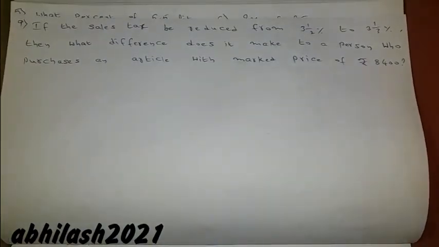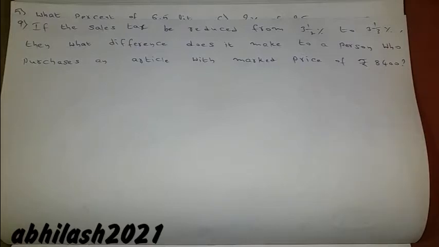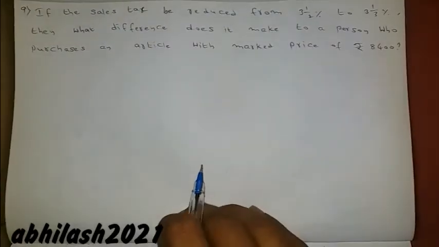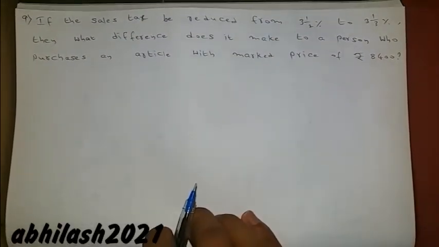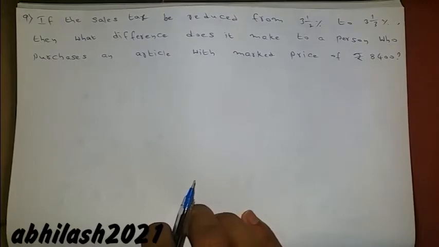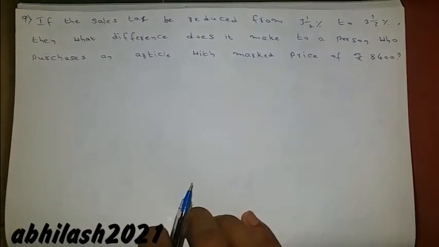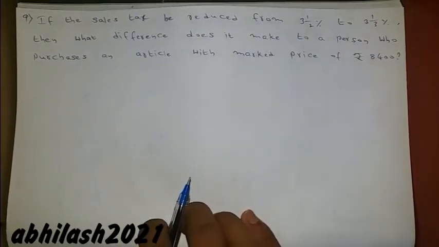If the sales tax is reduced from 3 1/2 percentage to 3 1/3 percentage, then what difference does it make to a person who purchases an article with a marked price of 8,400 rupees?